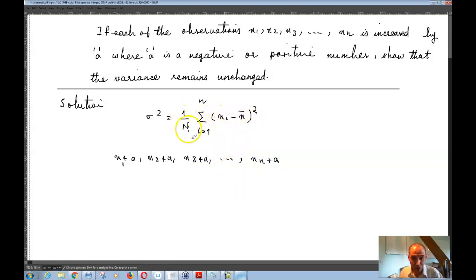So n doesn't change here, of course. The only thing that changes is x of I and x bar. The new x of I becomes a plus x of I, and your x bar becomes the new x bar.